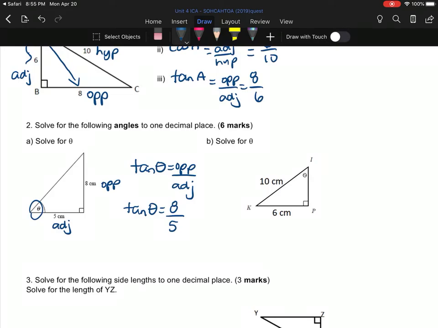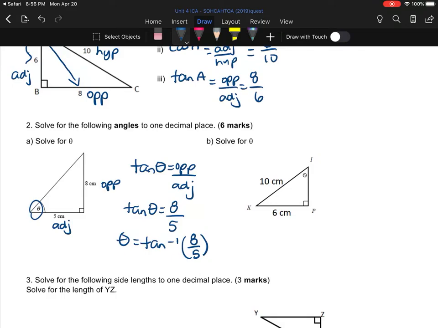Okay, so now again, you have a choice here. So depending on what kind of calculator you have, to get rid of the tan and get the theta all by itself, or the angle all by itself, we're going to do tan inverse. And some calculators will do brackets for you. So as soon as you push tan inverse, it'll put brackets.